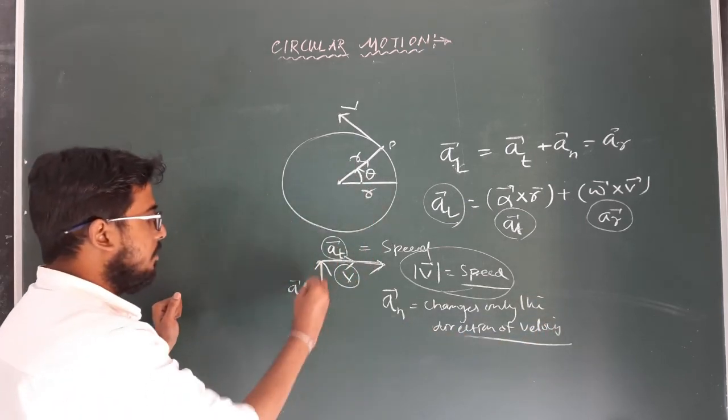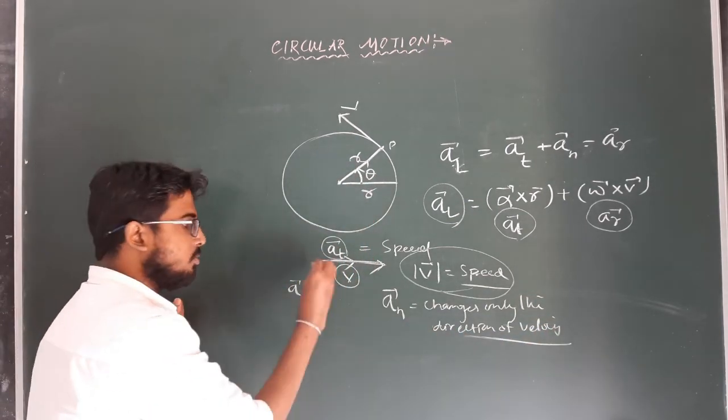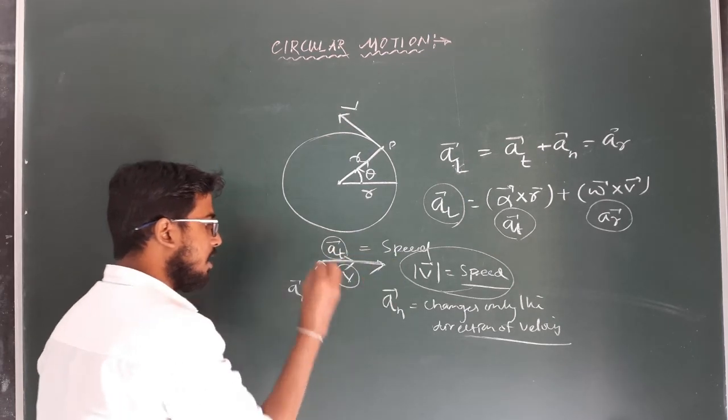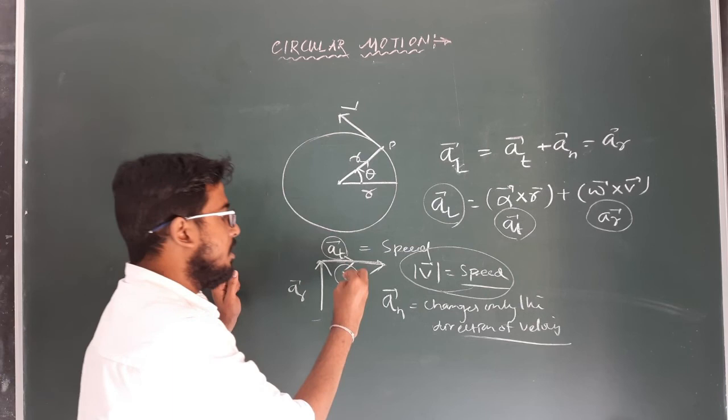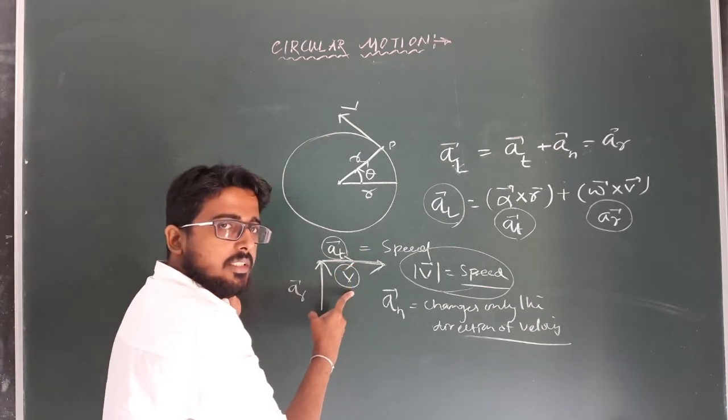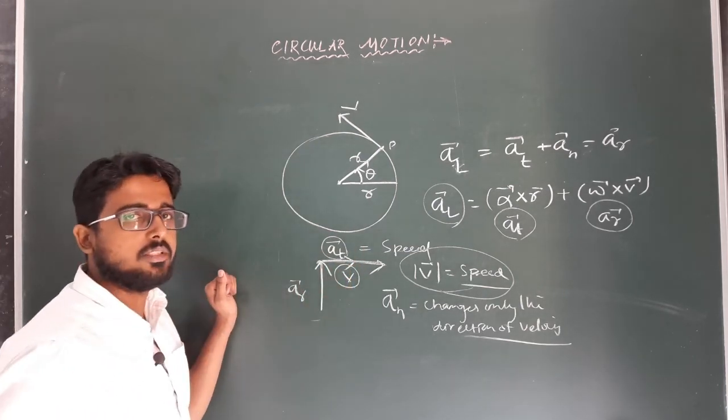If the acceleration has two components, one along the direction of velocity and the other perpendicular to it, then the magnitude of velocity changes as well as the direction of velocity.